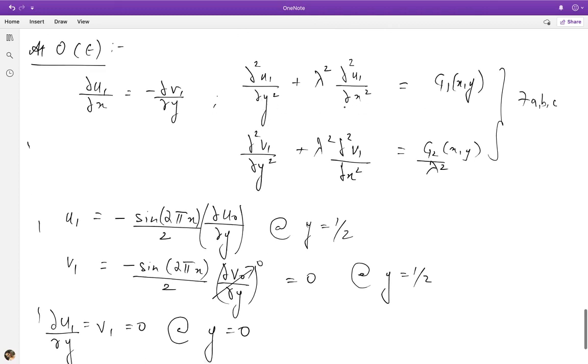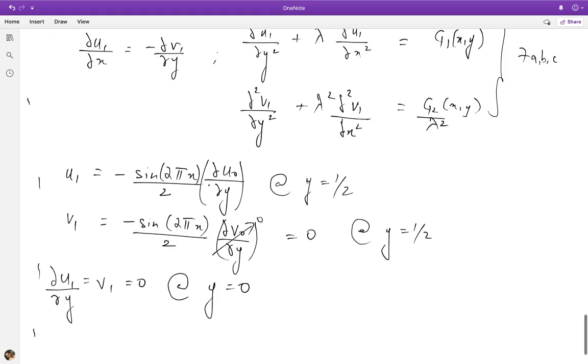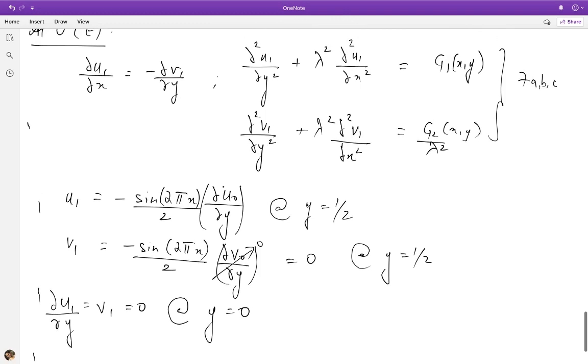One common way is to see if we can obtain a solution in a separable form, by which I mean we can write the solution for u1 as a product of a function of x and a function of y. And such a separable form is immediately suggested by the boundary condition. Since this equation is linear, we can anticipate that the x dependence will be completely governed by the non-homogeneous term in the boundary condition.